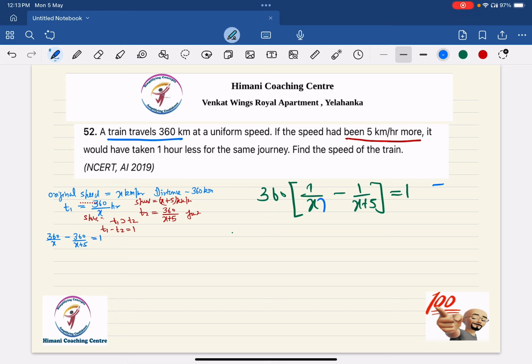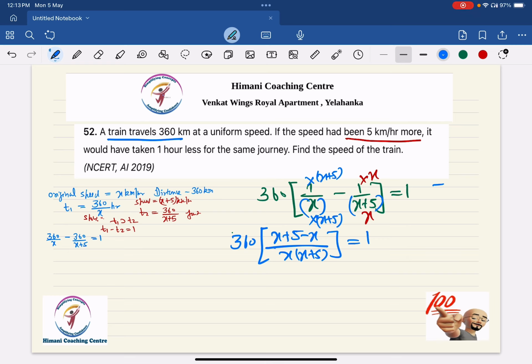Now, unlike fractions, I need to make them like. So this requires to be multiplied with x plus 5 in the denominator, and the same should be done in the numerator. This needs to be multiplied with an x here, so the same should be done in the numerator. So we get 360 times x plus 5 minus x over x times x plus 5, which is equal to 1.